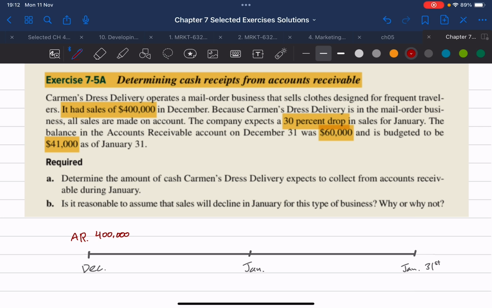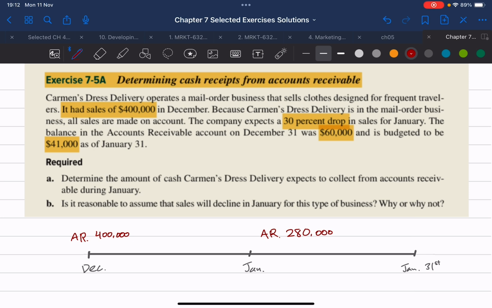If we drop that by 30%, let's just multiply it by 70%. So 400,000 multiplied by 0.7, that will be 280,000. So these are the sales that are going to occur right here. And all of these sales are on account, so this is also the accounts receivable for January.